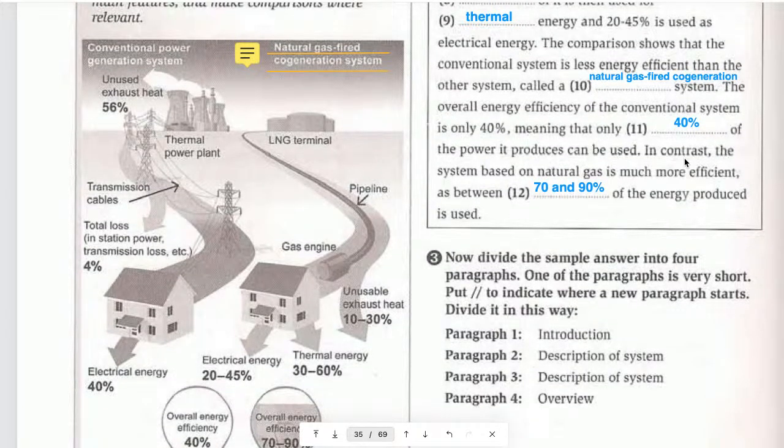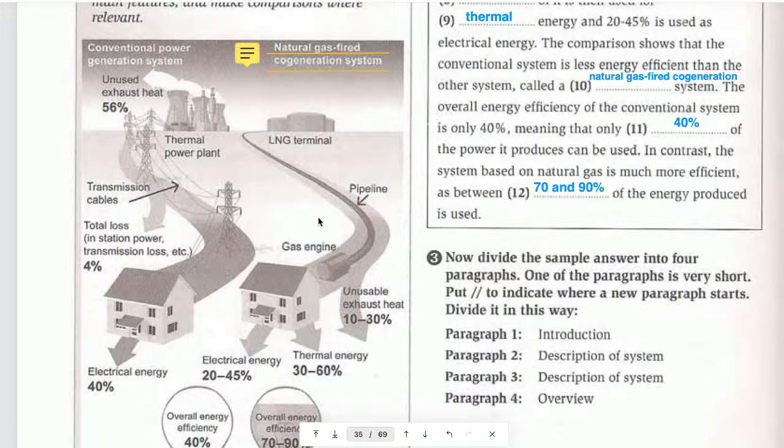In contrast, Ngọc Anh, please read that. In contrast, the system based on natural gas is much more efficient, as between 70 and 90% of the energy produced is used, right?